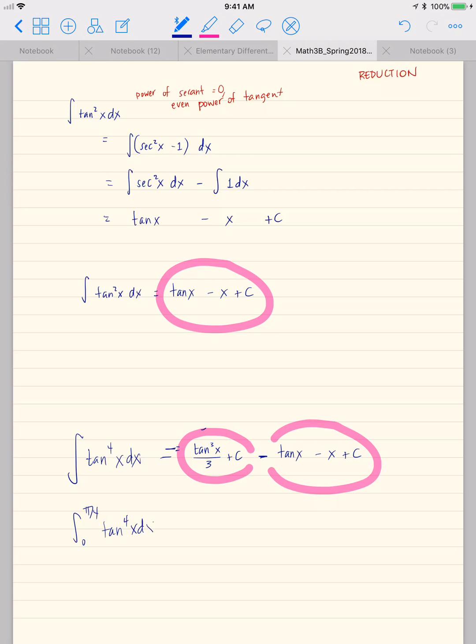fourth power of x dx, we just need to evaluate tangent cubed x over 3 minus tangent x minus, it's minus negative, so it should be plus x. All of this needs to be evaluated at x equals 0, x equals pi over 4.